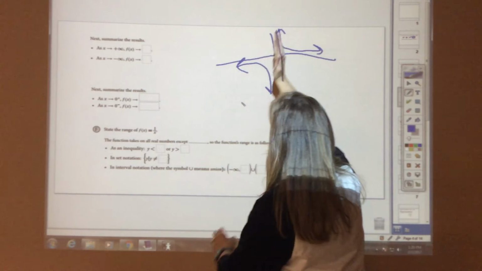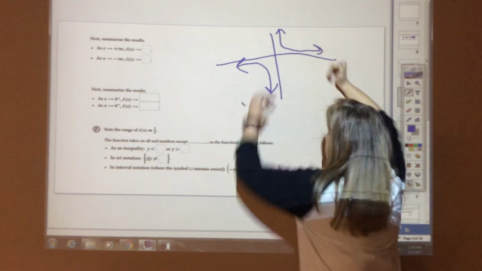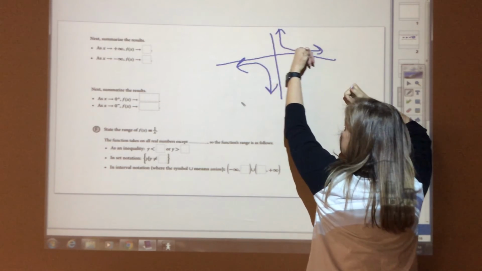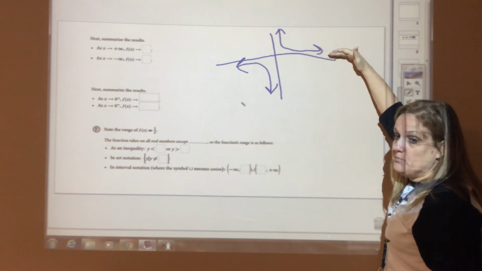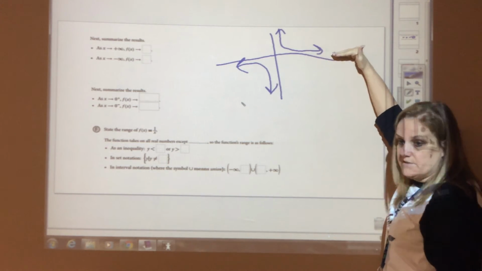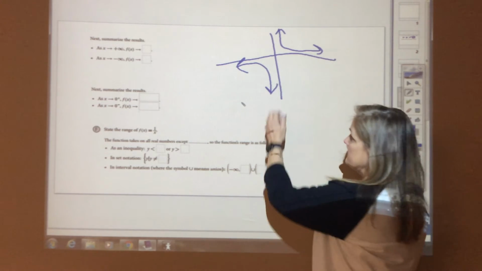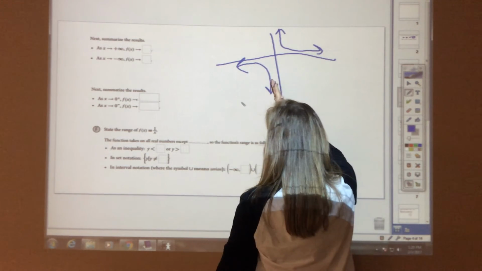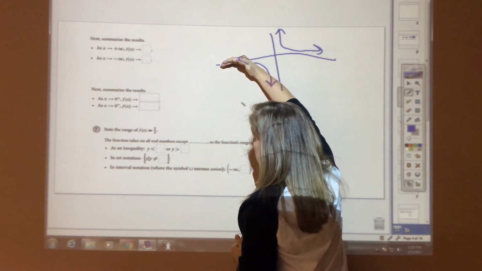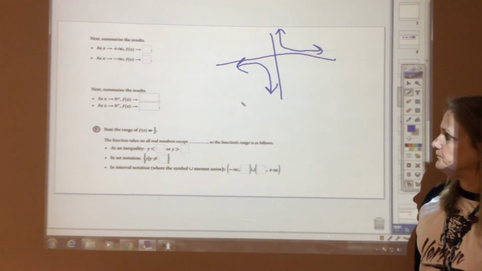As x approaches positive infinity, y approaches 0. So it's getting smaller and smaller and smaller here, probably fractions and decimals and so forth. Okay, so that's a 0. As x approaches negative infinity, what is f of x approaching? 0 again. Getting smaller and smaller and smaller.